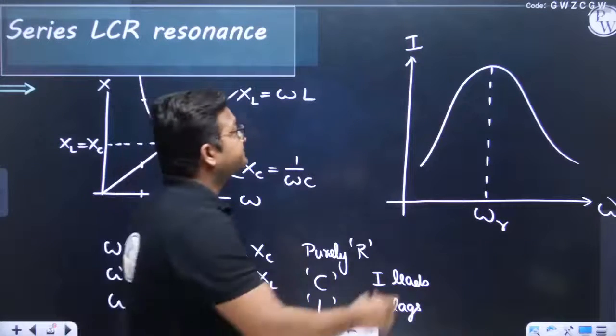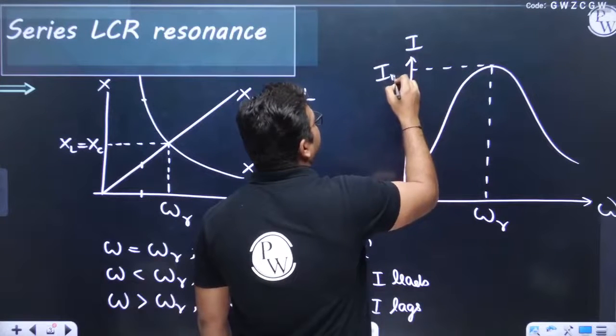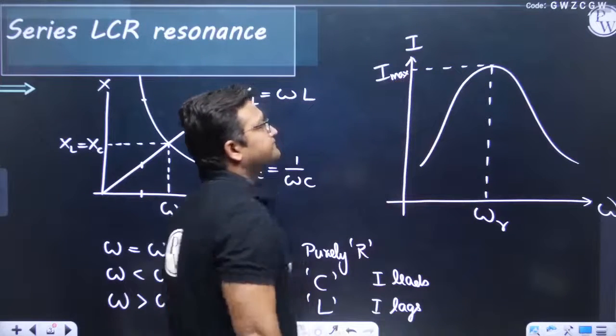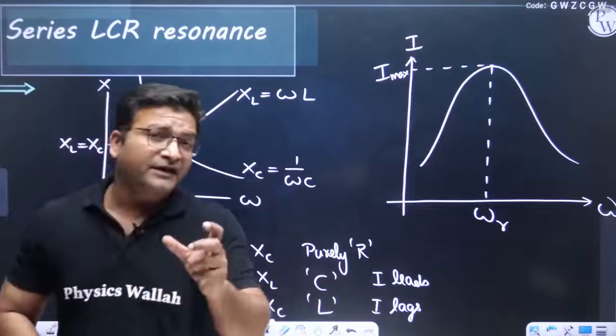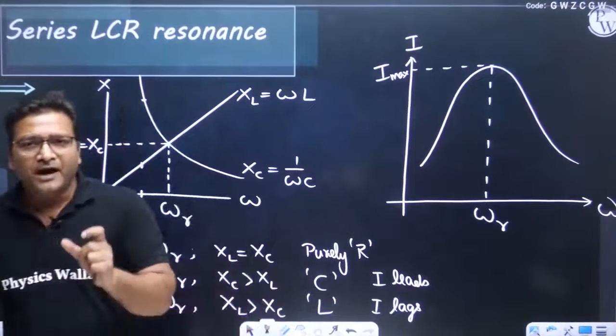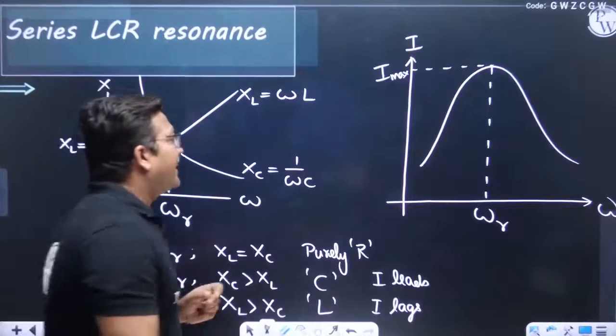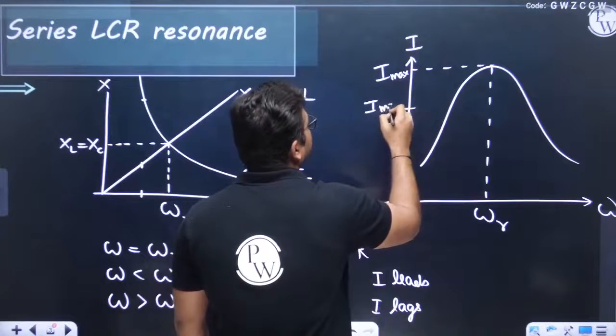Always remember, this is called the maximum value of effective current. If current is maximum, the power in the circuit is maximum.